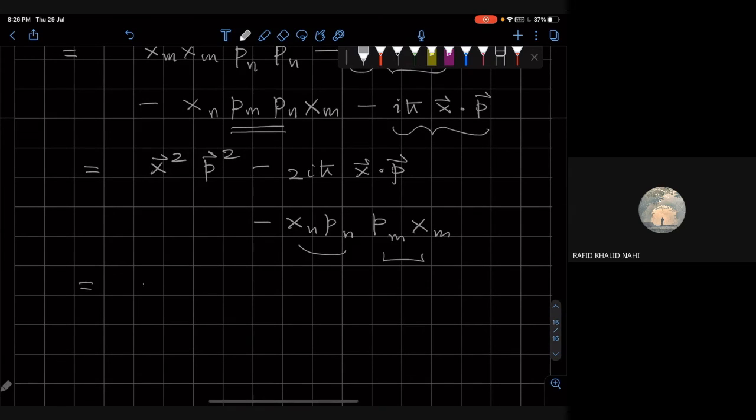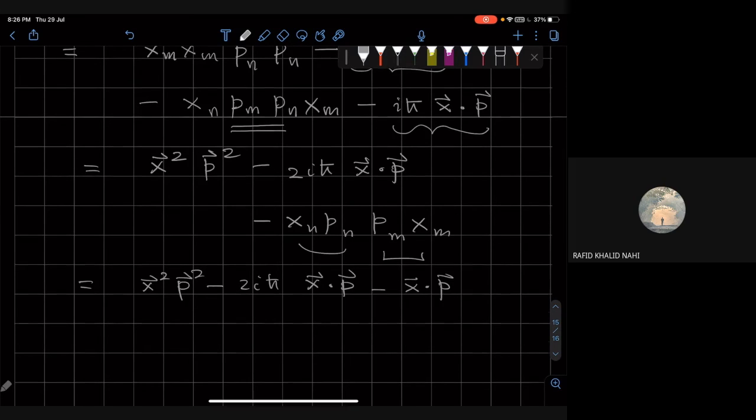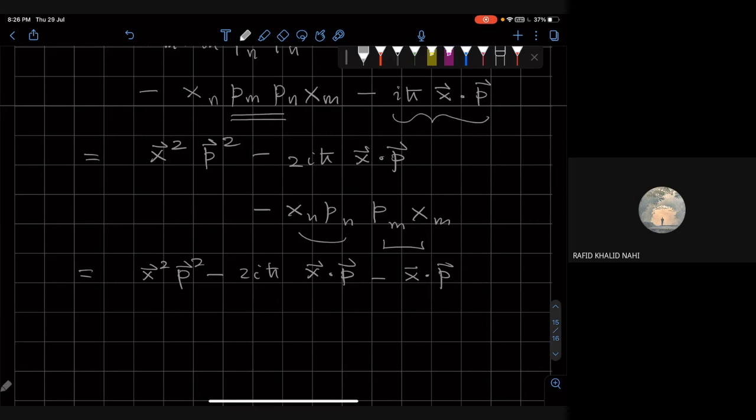So if I do this, then I have x squared p squared minus 2i h bar x dot p minus x dot p. The first thing is x dot p already. But here, if I commute these guys, I get x dot p, and then I will get a term which was minus i h bar 3.